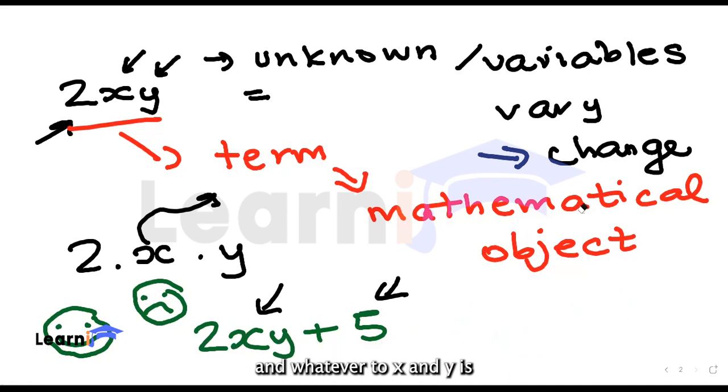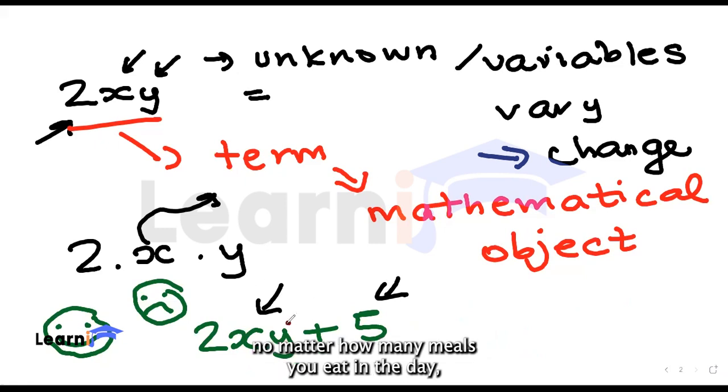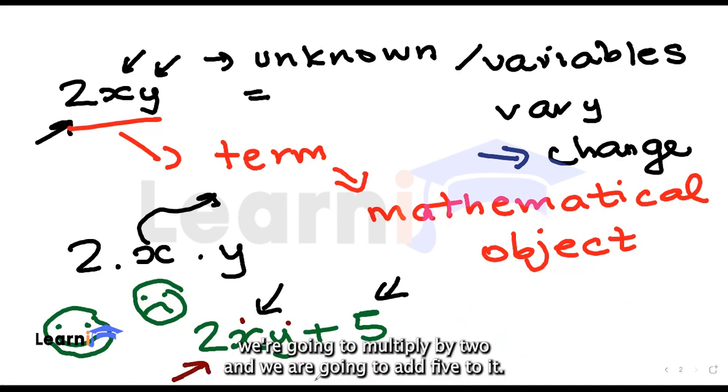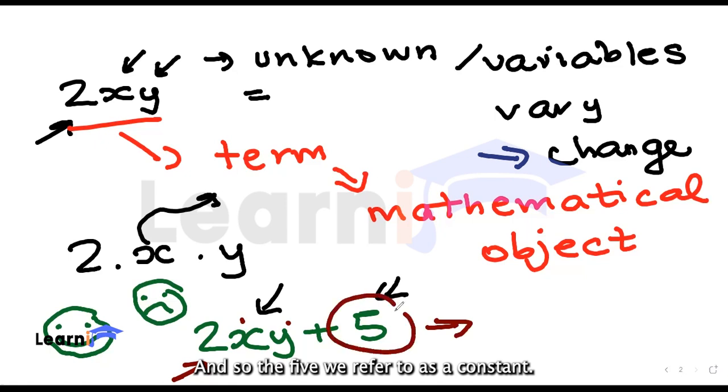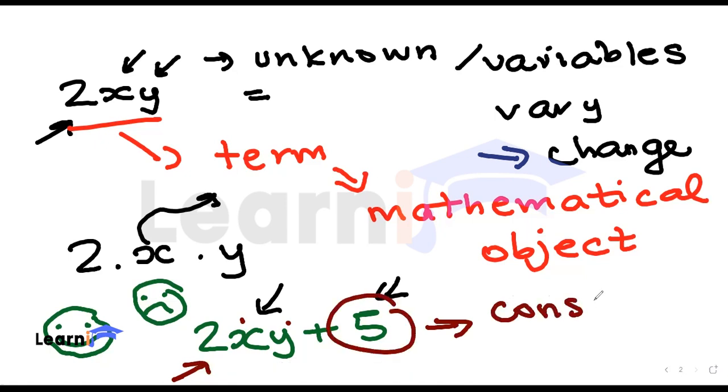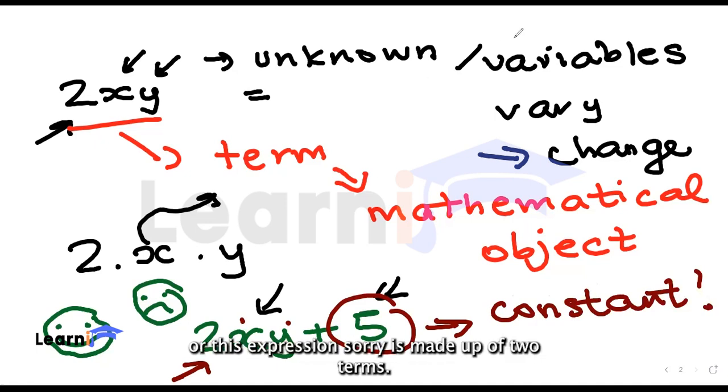Whatever 2x and y is, no matter how many meals you eat in the day, no matter how many hours there are in a day, we're going to multiply it by 2 and add 5 to it. And so the 5 we refer to as a constant. Now, this expression is made up of 2 terms.